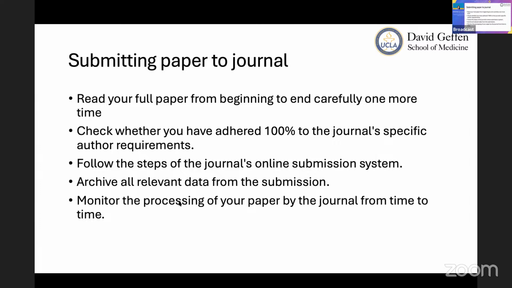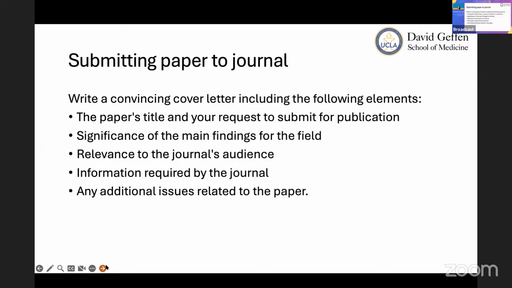Don't upload anything without saving it on your desktop, without having a backup. Then monitor the processing of your paper on the journal from time to time. If you submitted it, keep a reminder for yourself to double check what is happening to it. Is it being looked into, where is it in the process of review?